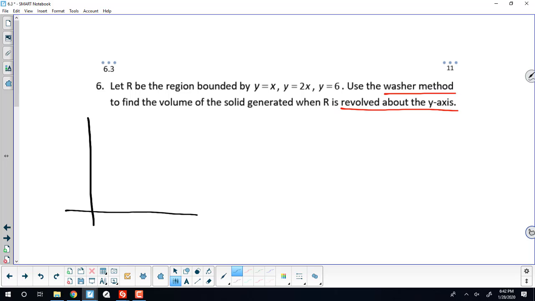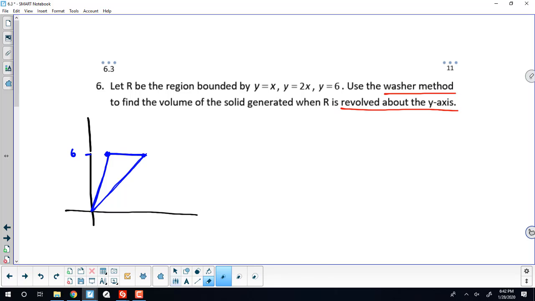Okay, so we have the line y equals x, y equals 2x, and y equals 6. We'll just say the 6 is here. So it's this region we're looking at.